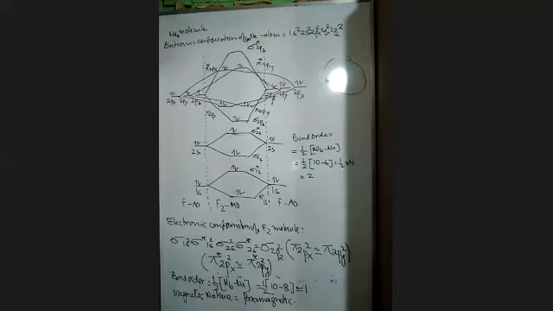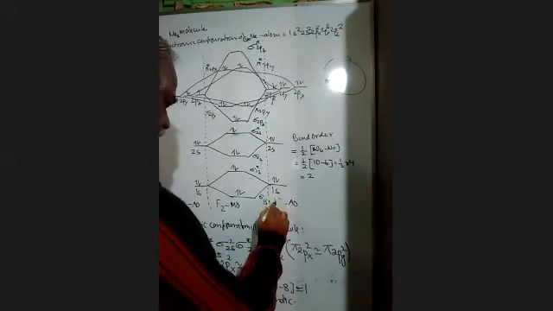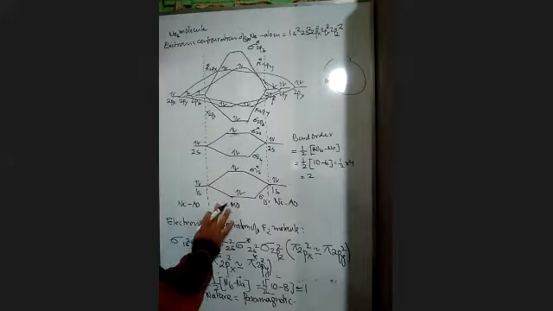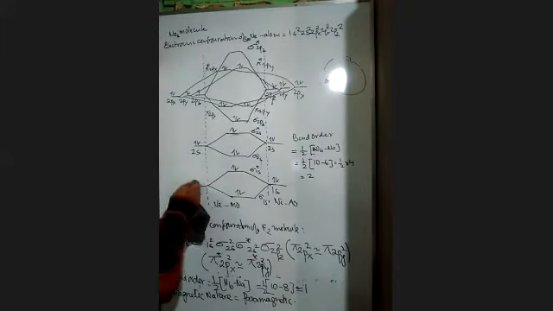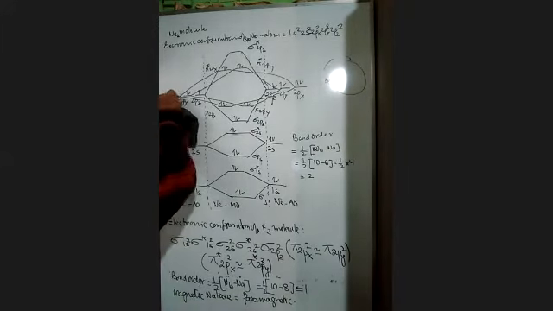Okay. So now this is neon. This is neon. This is neon. Only one thing that I'm going to do, I'm going to remove all the electrons. That you will now do by yourself.